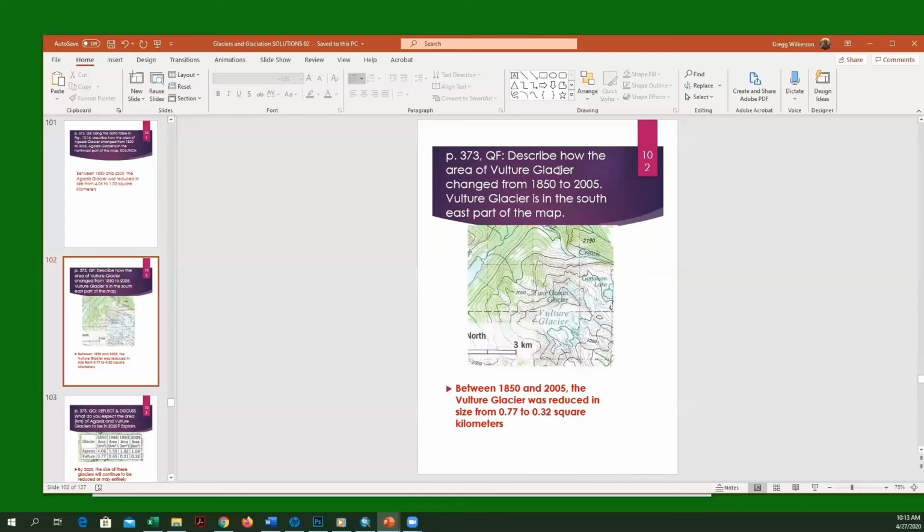And now we do the same thing for this Vulture Glacier, which I show here zoomed in for you. And that one, the data shows it went from 0.77 to 0.32. So that's more than a 50% decrease.